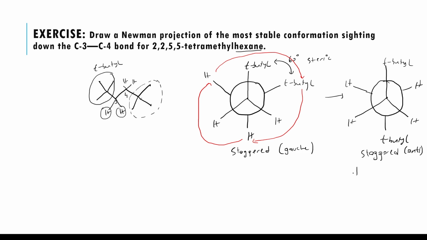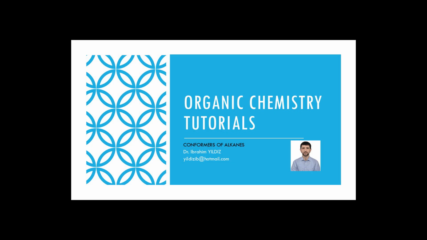So this is the most stable conformer. And this is also a stable conformer, but it's not the most stable one. The least stable conformers generally are eclipsed conformers, but we are going to discuss that in another exercise. Thank you so much for watching the video.